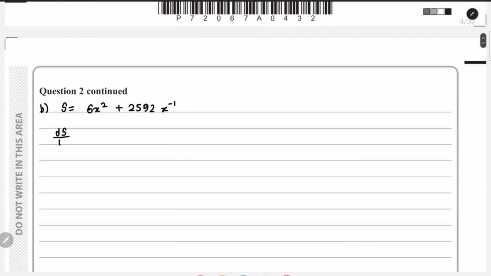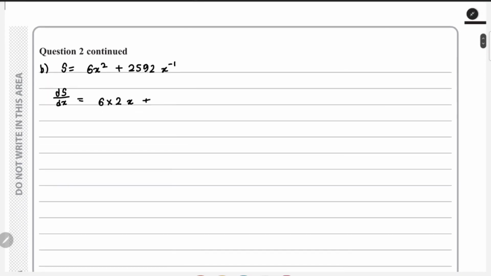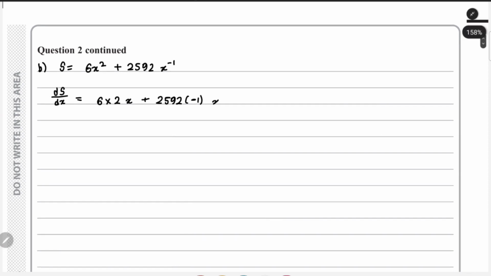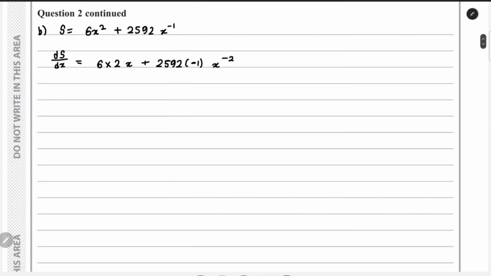If we differentiate this with respect to x, we get 6 times 2, the previous power of x, and then x to the power 2 minus 1, so 1. And over here we have 2592 times the previous power, which is minus 1, and then we have x to the power minus 1 minus 1, which is minus 2.